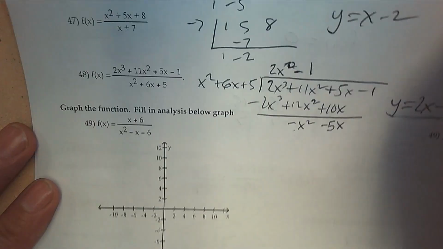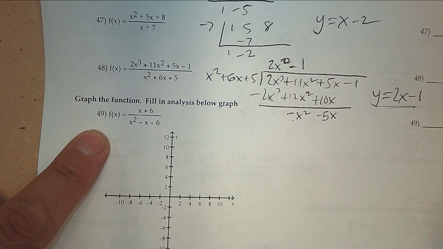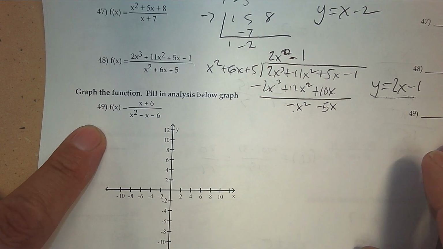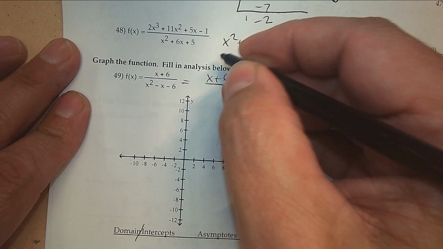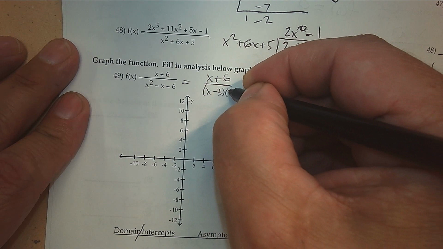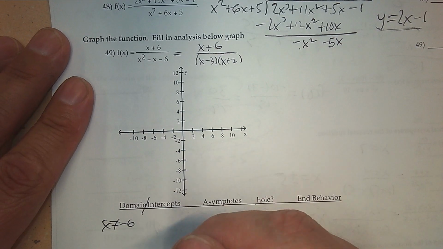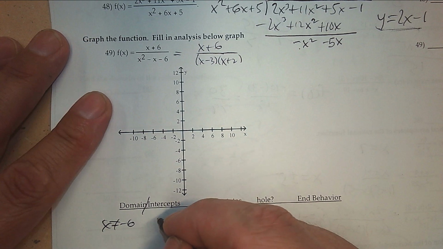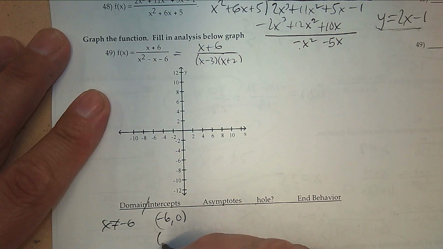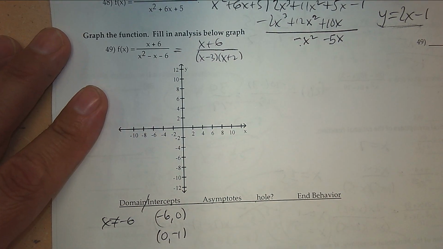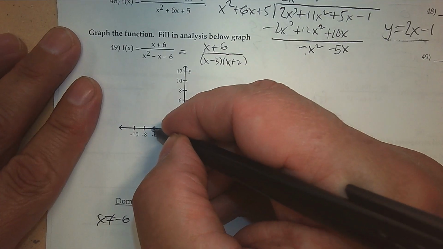All right, let's graph this. So the domain and the intercepts. So let's factor it. So it's x plus 6, x minus 3, x plus 2. So the domain x can't equal negative 6. And the intercepts, we have one at negative 6. And the other one, when I plug in 0, is at negative 1. So that's a good place to start. Oops. Negative here, and then negative 1 here.